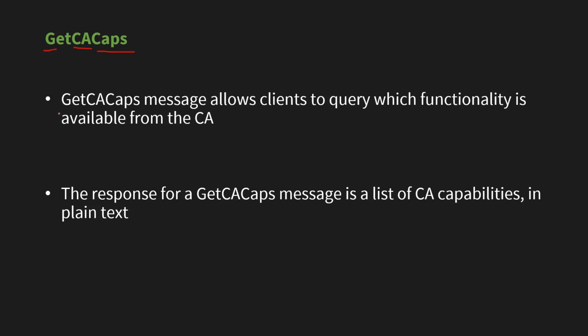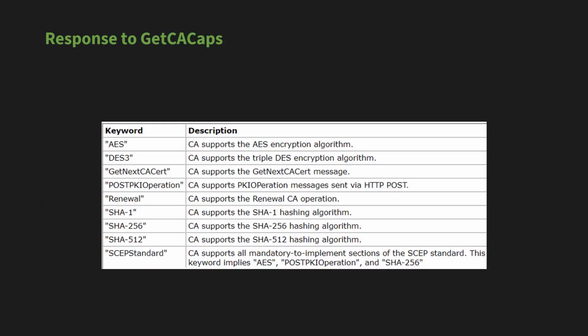So the get CA caps message allows clients to query which functionality is available from the CA. The response for a get CA caps message is a list of the CA's capabilities in plain text.